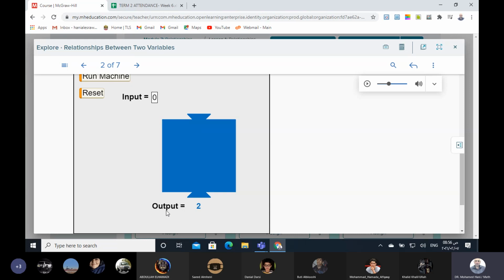The name of this answer will be output. So the input or the independent, the same meaning, and output means the dependent. The rule means the relationship between input and output.